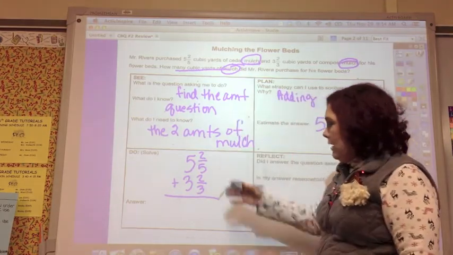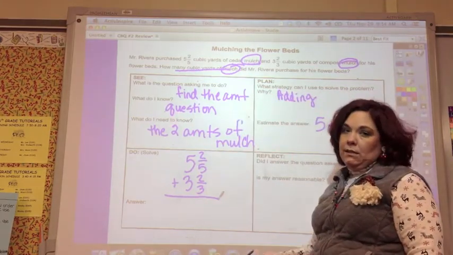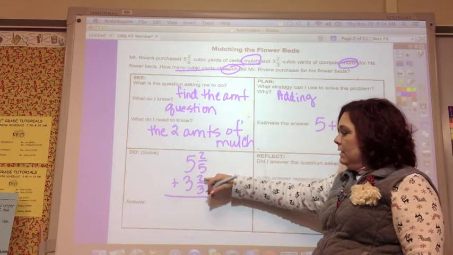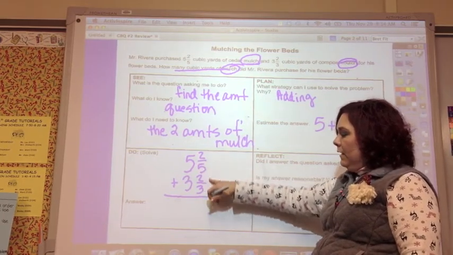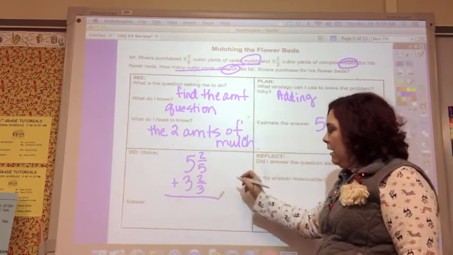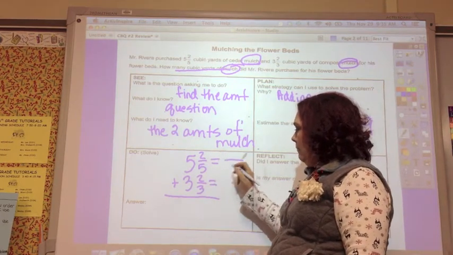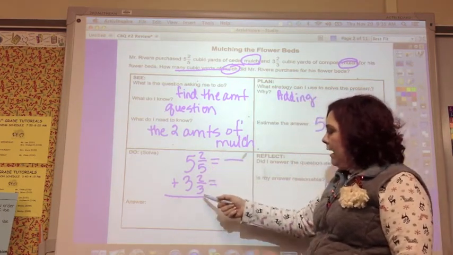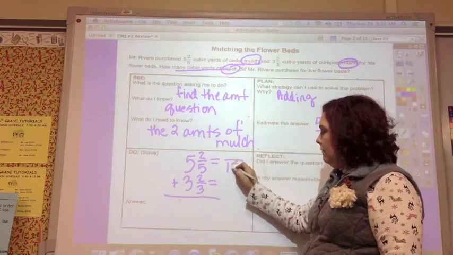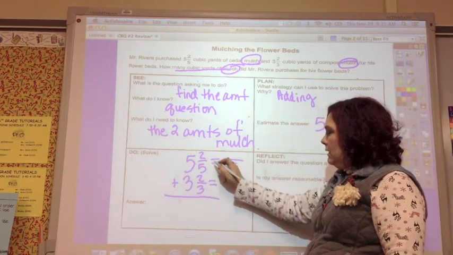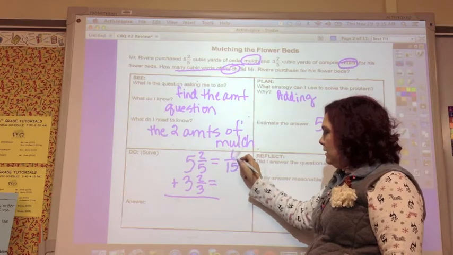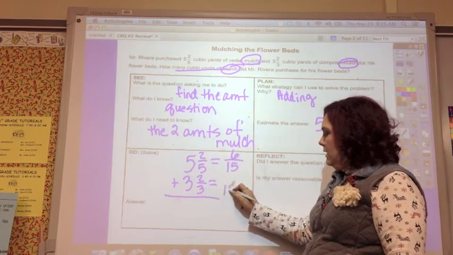And now I'm looking at 2 mixed numbers. I can't add these directly because I don't have common denominators, so I need a common denominator. And my least common multiple of 5 and 3 is 15. And 5 times 3 is 15. 2 times 3 is 6. And 15 down here.